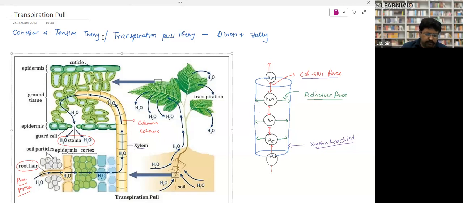The theory was given by Dixon and Joly in 1894. The main features of the theory are following.